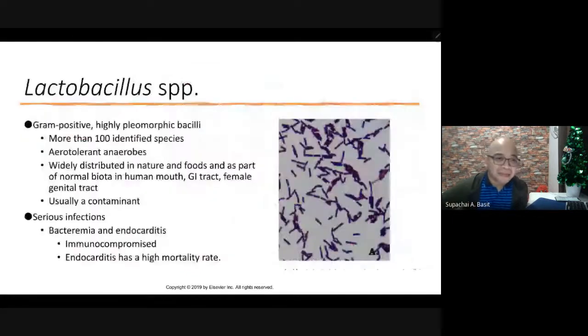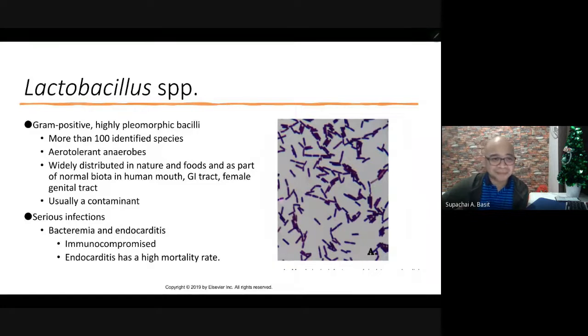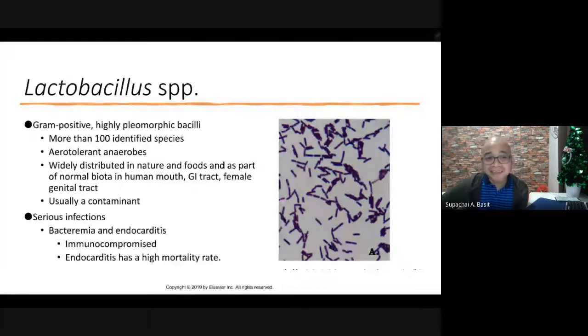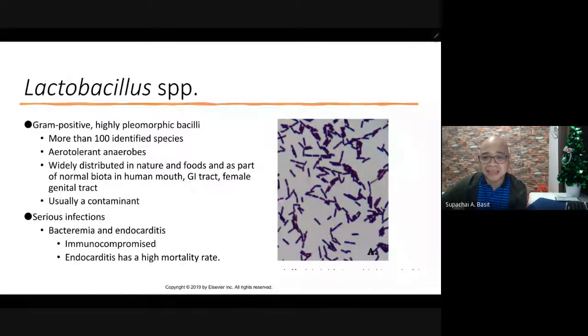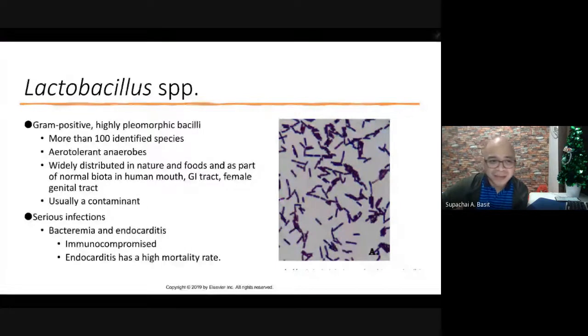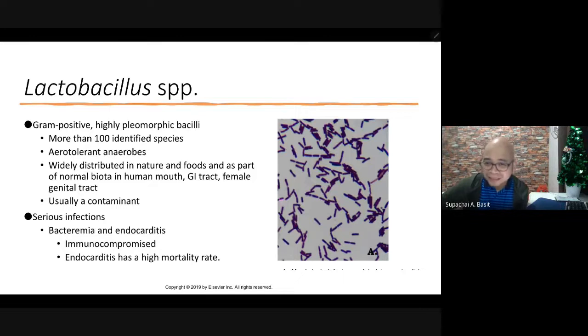So let's talk about Lactobacillus. Lactobacillus is a gram-positive, highly pleomorphic bacilli, and there are over 100 identified species. We classify them as aerotolerant anaerobes, meaning to say they prefer not to have oxygen but can still tolerate the presence of oxygen.